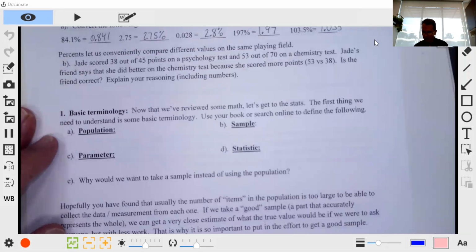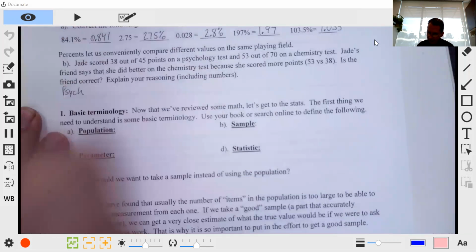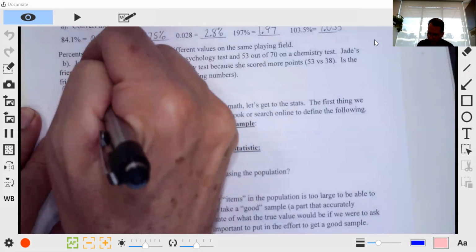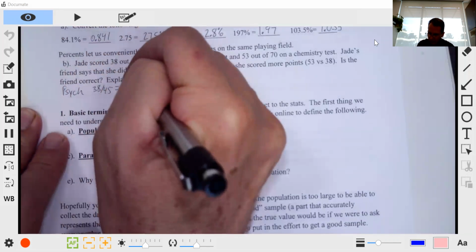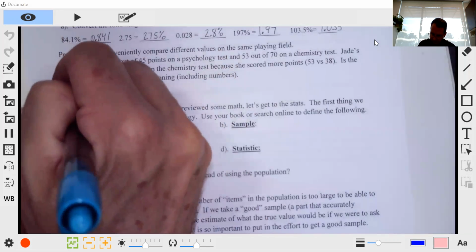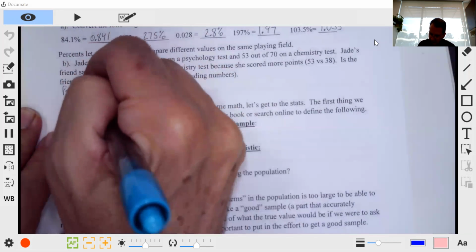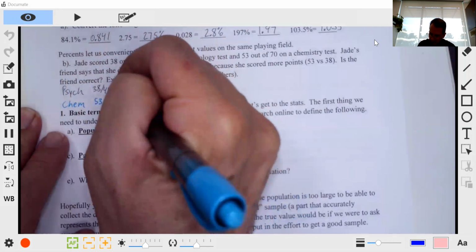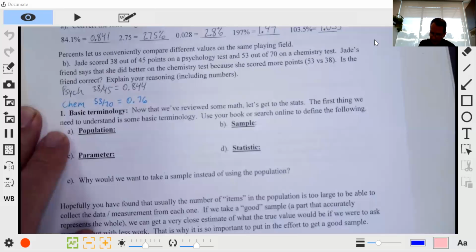So what did you come up with? Well, on the psychology test, Jade scored 38 out of 45, which is 0.844. And on the chemistry test, it was 53 out of 70, which I believe turned out to be 0.76. Okay.